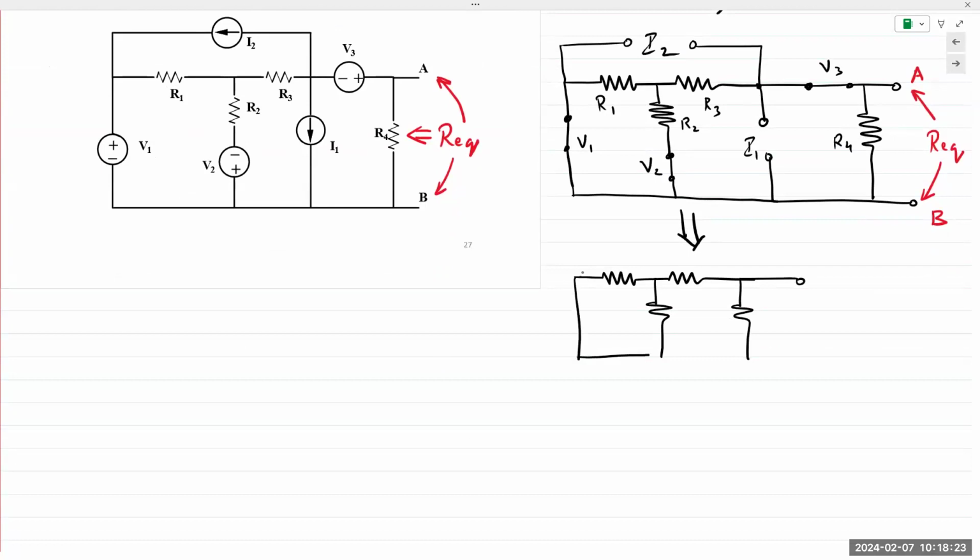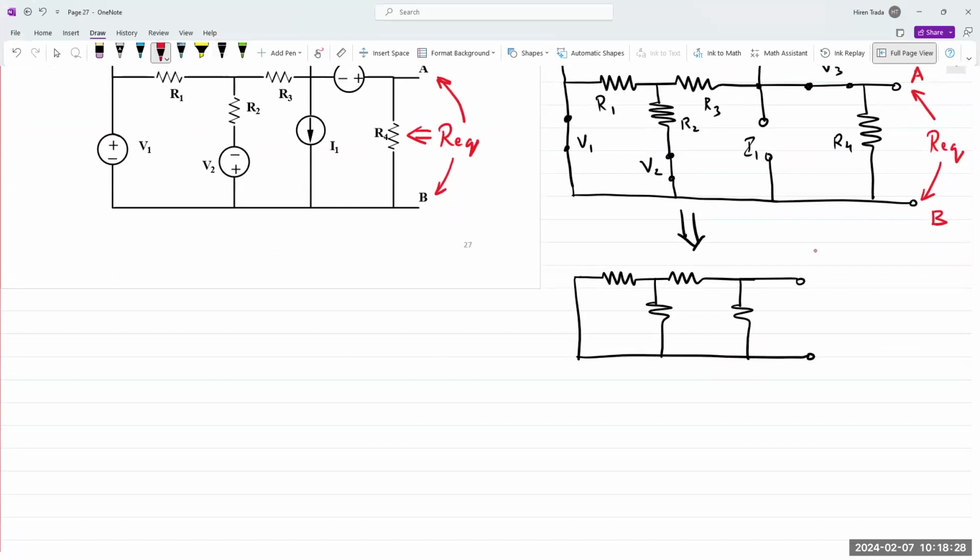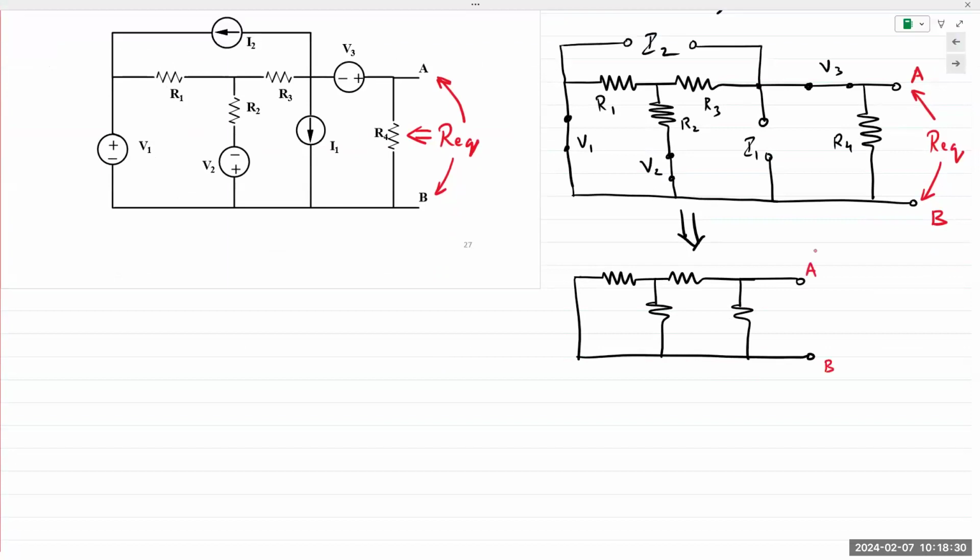And then B, and that's it. That's what the circuit looks like for REQ. Okay, REQ.